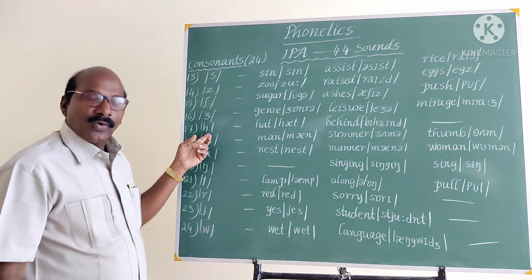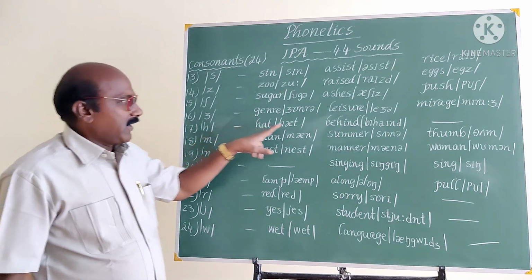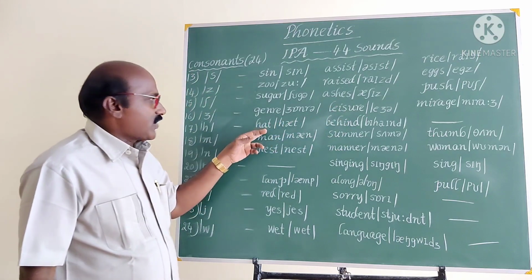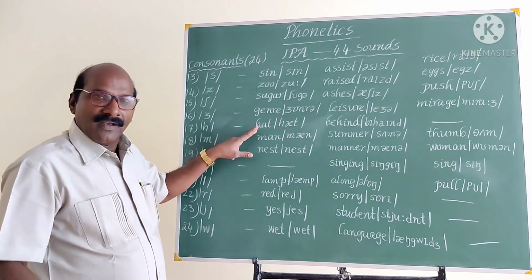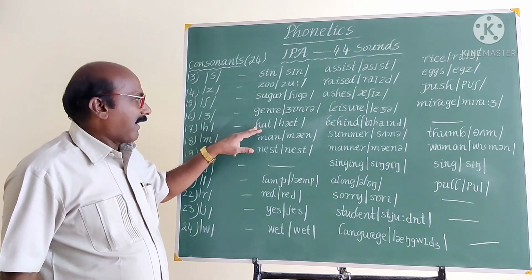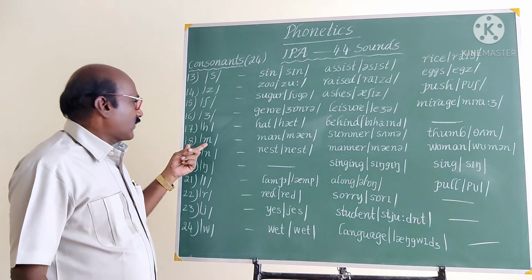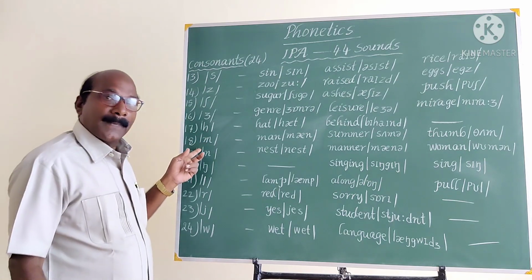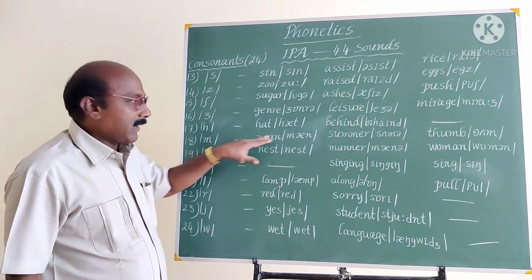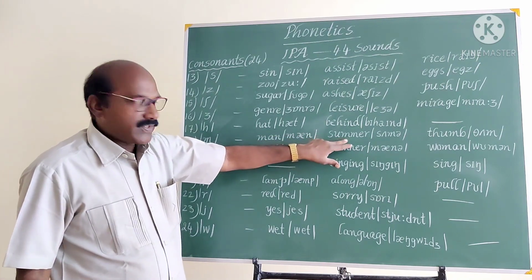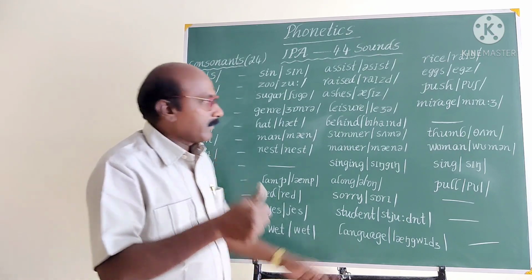And the sound of h. It occurs initially and medially, but finally it won't occur. As in hat, hot, behind. Next sound, m, as in man, summer, thumb.